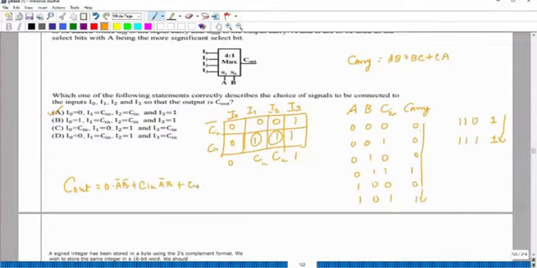And C in into A B bar, plus A B. So A B plus C in into A XOR B. So one more formula you have: A B plus C into A XOR B. It's another formula for carry.